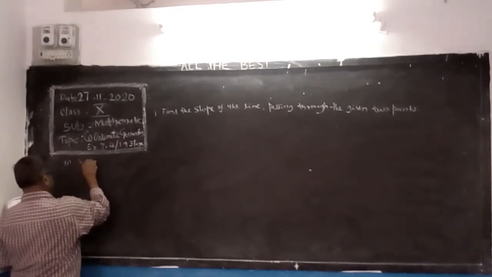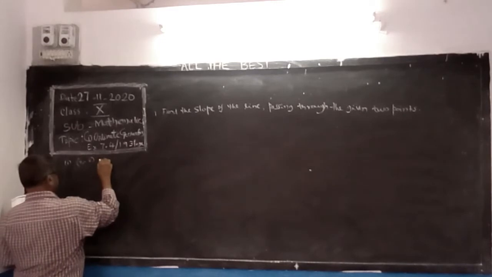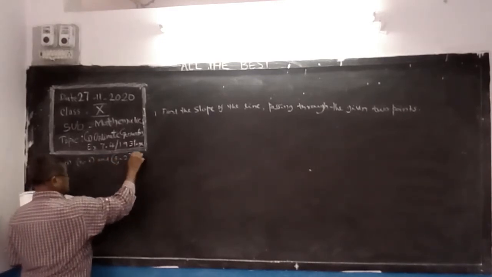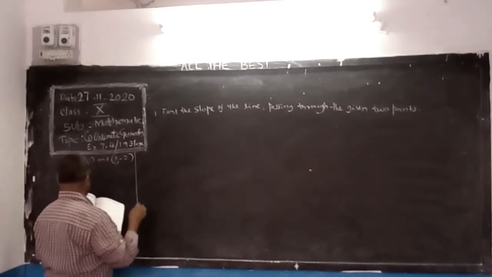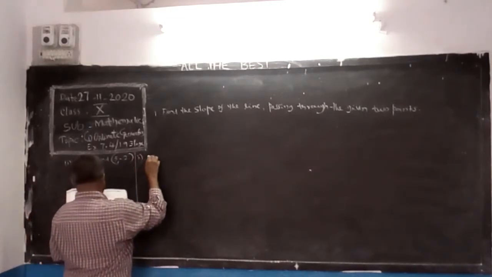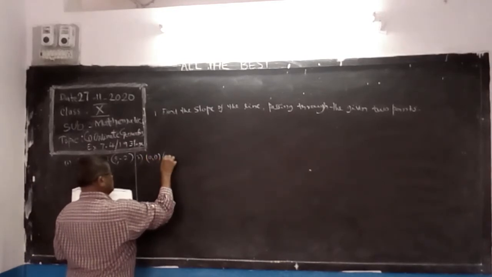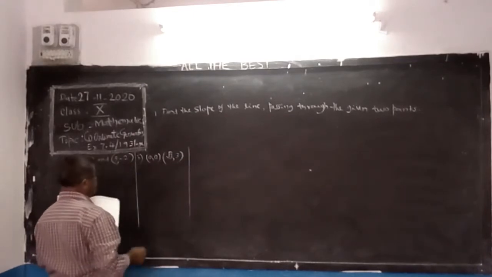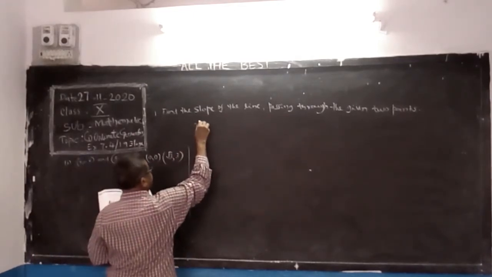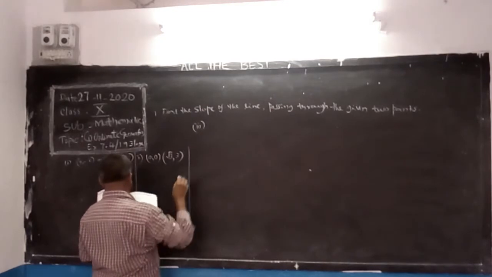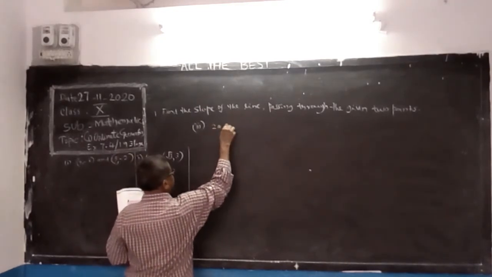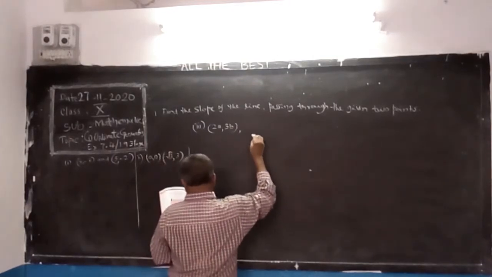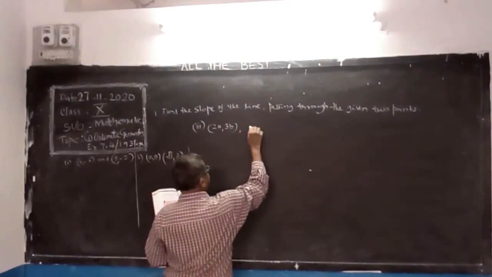4 comma minus 8 and 5 comma minus 2. Number 2: 0 0 and root 3 comma 3. Number 3: 2a comma 3b and a minus b.